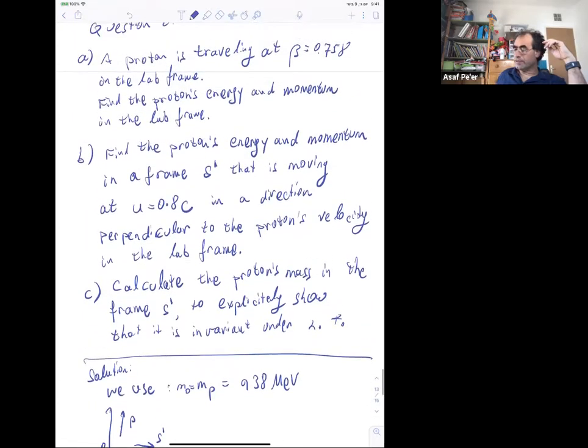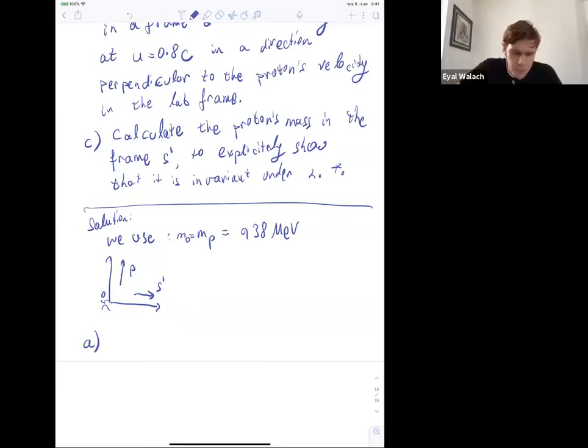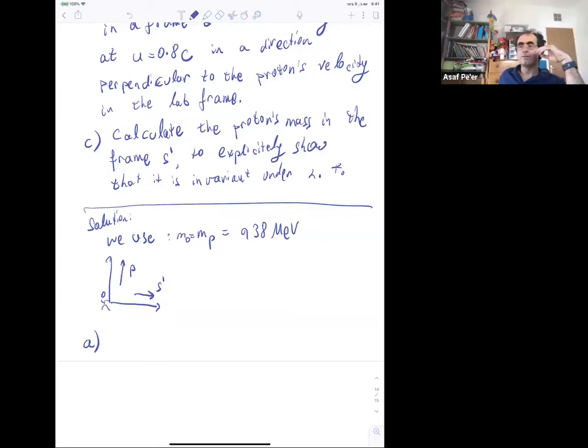So part A is quite simple. There is a proton traveling at some speed which cannot be neglected with respect to the speed of light. Beta is v over c. Find the proton's energy and momentum. So what is the proton's energy? Gamma m c squared.